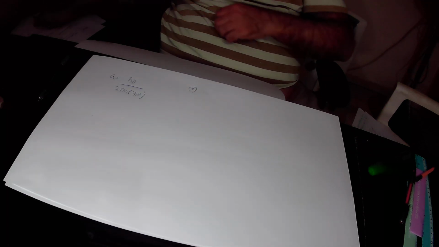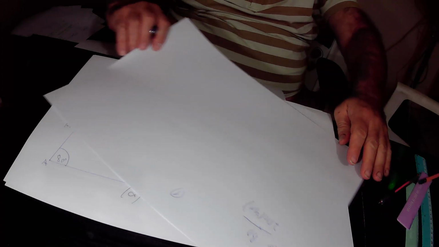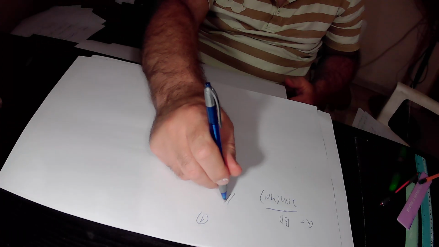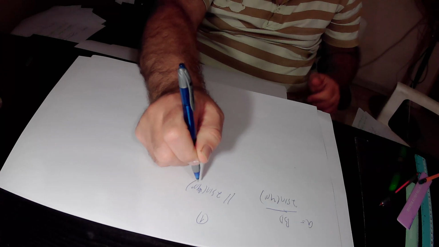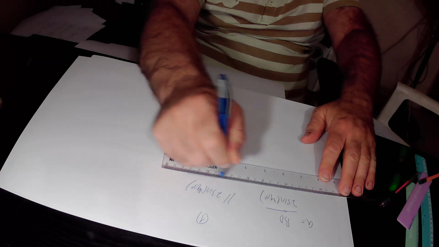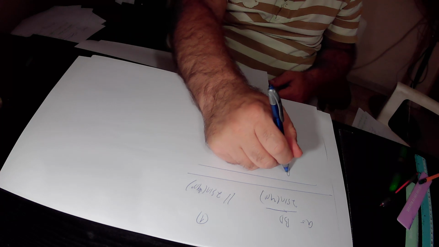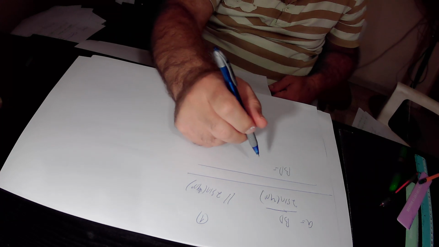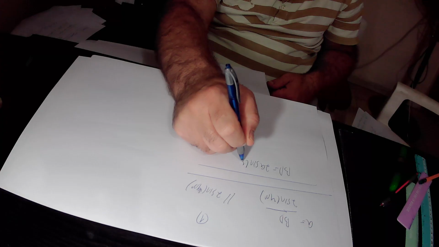A equals BD over 2 times sine 40 degrees. Here we will multiply this equation by 2 times sine 40 degrees, and we will get that BD, the missing side BD, is equal to 2A times sine 40 degrees.